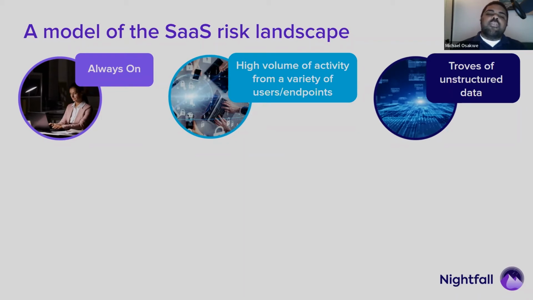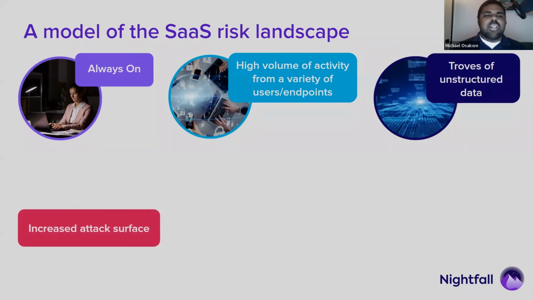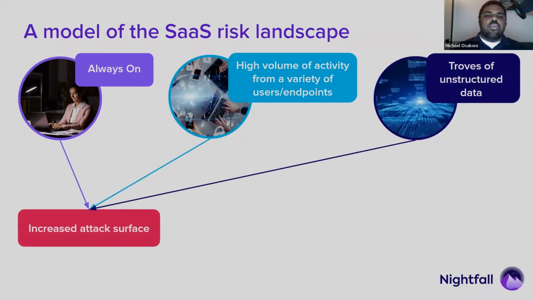And all of this variety of data makes it hard to know where the sensitive data may be. You're not going to be able to find sensitive databases on the basis of name and metadata alone. And so this makes it hard to substantially keep track of if you have a growing volume of sensitive data within these applications. So collectively, these lead to an increased attack surface.